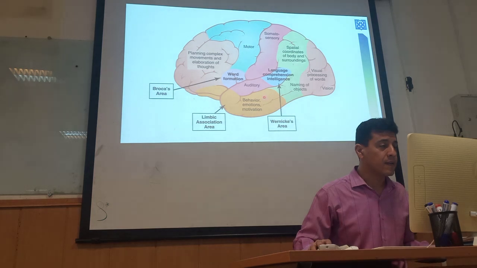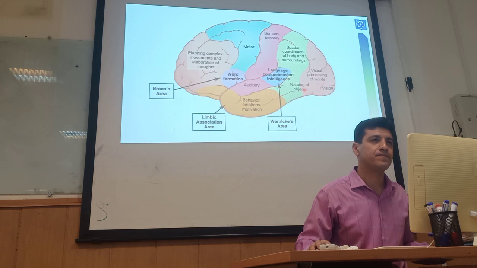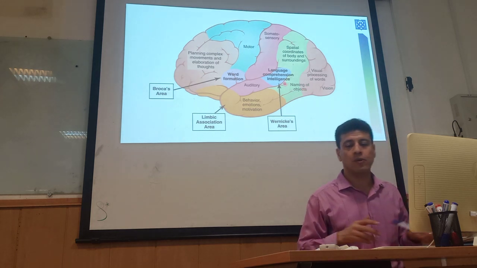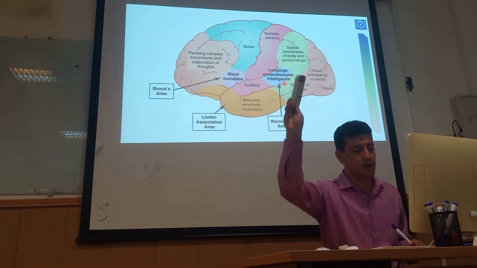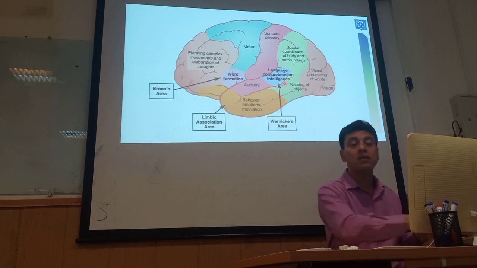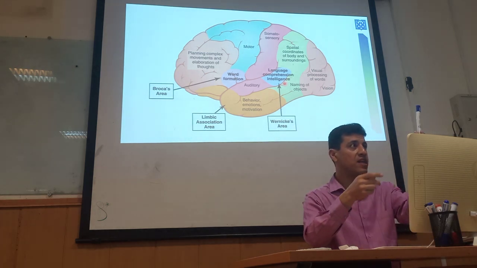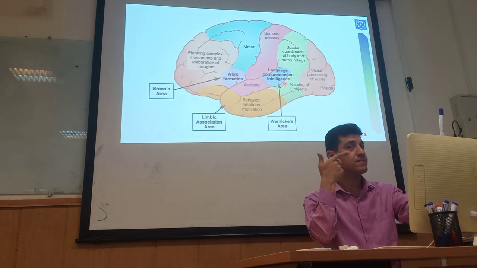Another region here is important for naming of objects. So we can recognize objects by this area. We know that this is a remote control, this is a monitor, this is a cell phone, this one is a marker. So we know the names. When we see this, we can recognize it.